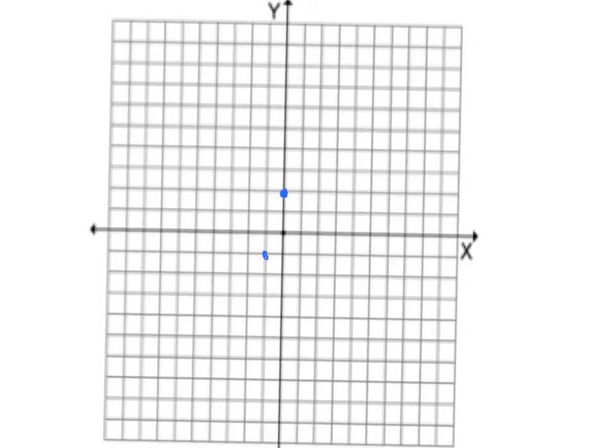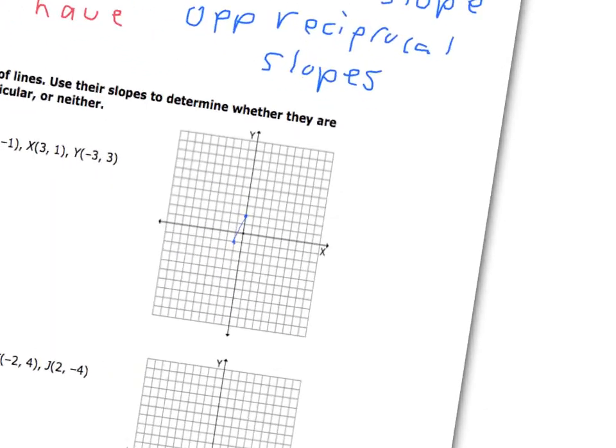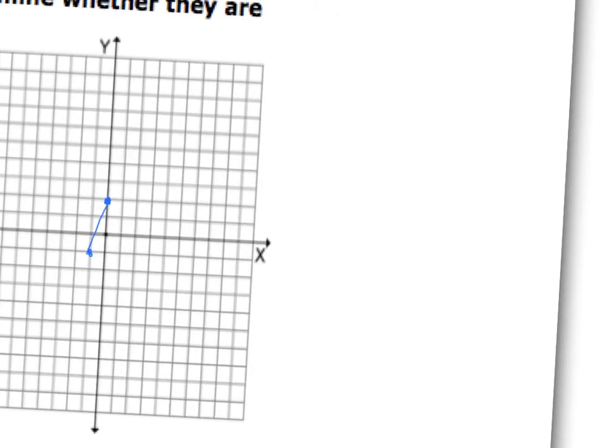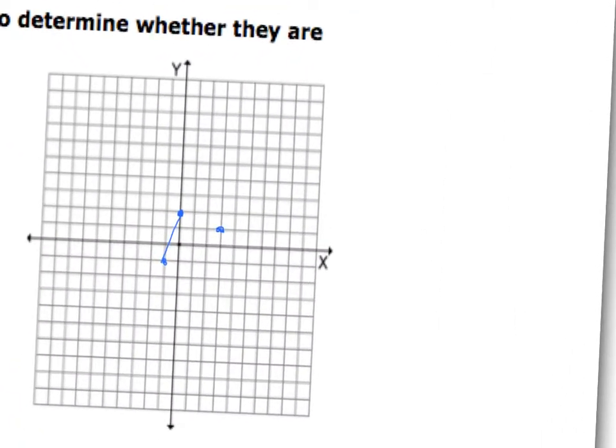Okay, so that's our first line. And our second line is (3, 1) and (-3, 3). Okay, so here's that.